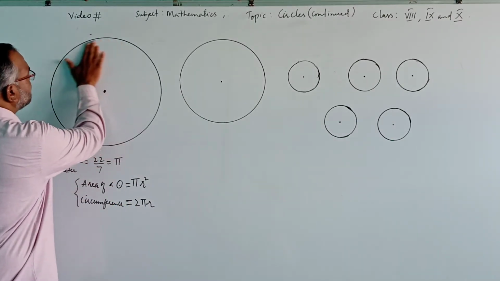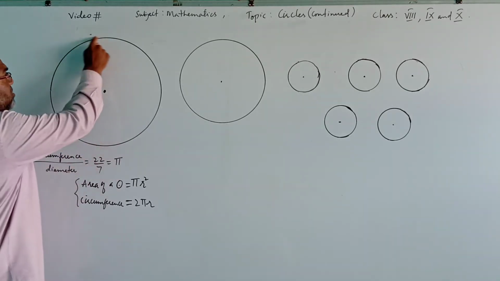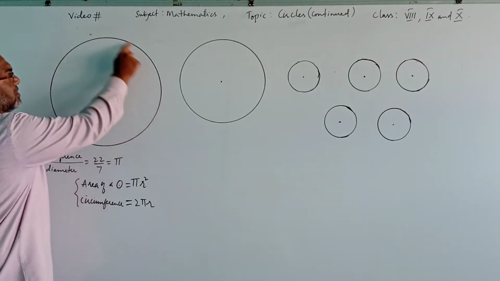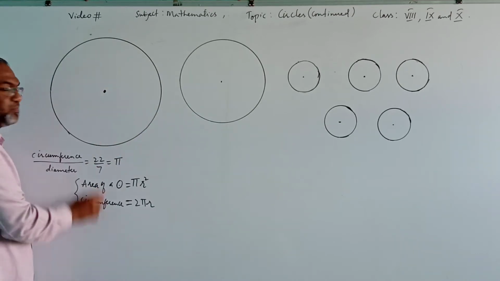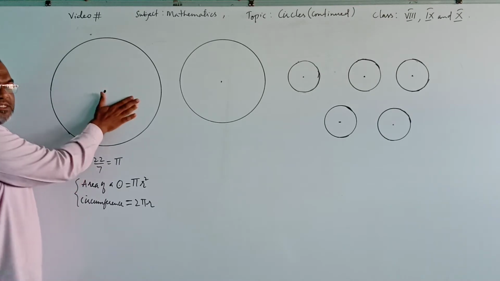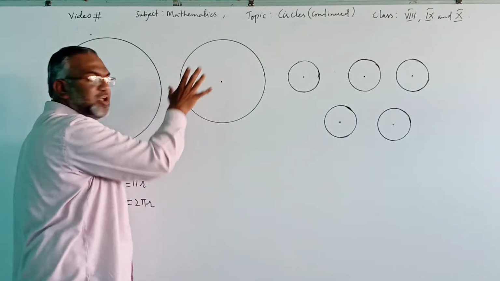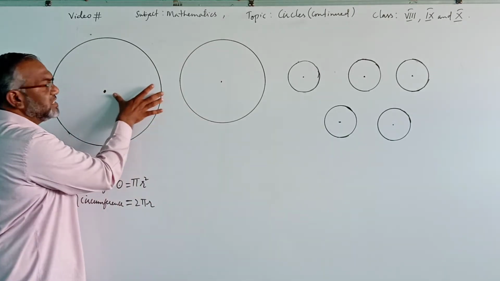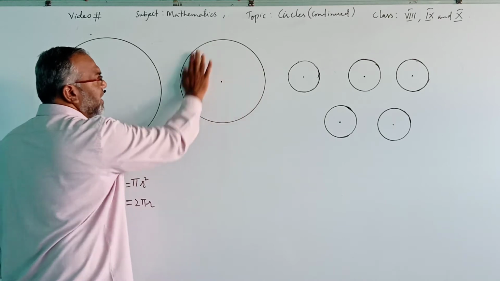This inside space which you see is called area. The length of this boundary is circumference, and this inside space is area of circle. So as the radius increases, area also increases. As the radius decreases, area decreases.